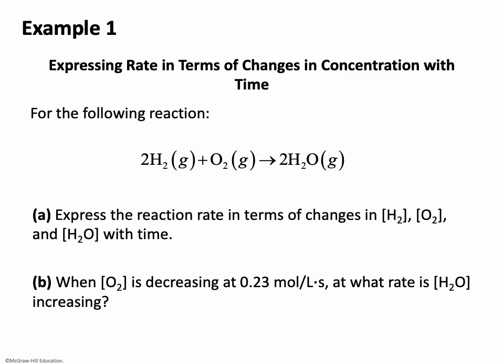Questions could be like this. For example, for this reaction, 2 H2 plus O2 gives you 2 H2O: express the reaction rate in terms of changes of hydrogen, oxygen and water with time.